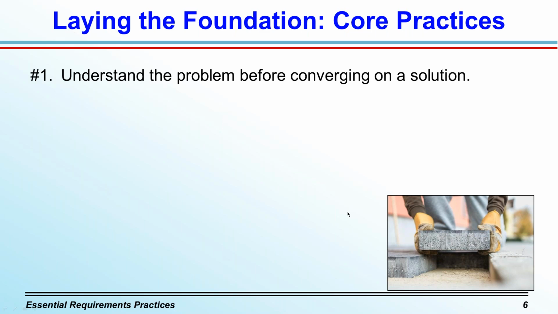Have you ever seen a project that built and delivered a solution only to discover that they were solving the wrong problem? That's not good. Organizations launch initiatives to solve some business problem or maybe to exploit an opportunity, but sometimes those problems or opportunities are not explicitly stated or documented. So it's a very good idea to understand the problem before converging on a solution.